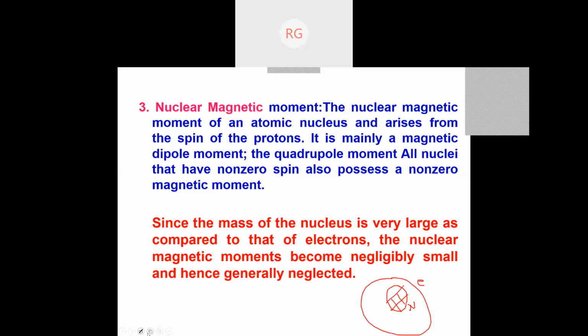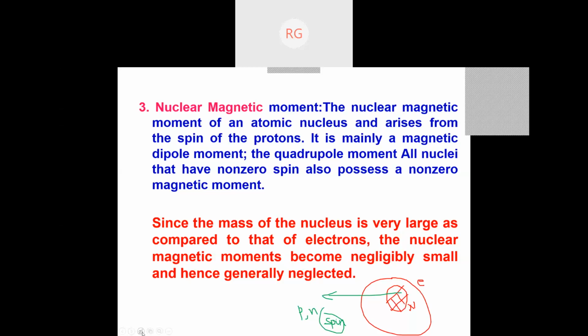The nucleus contains both protons and neutrons, and both of them spin, and because of these spins there is a net magnetic moment, and the total magnetic moment due to all the protons in the nucleus will give rise to nuclear magnetic moment.